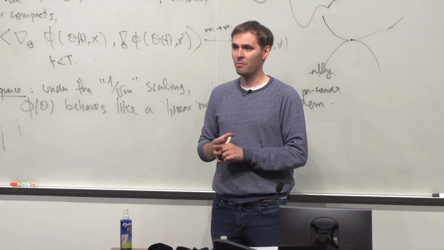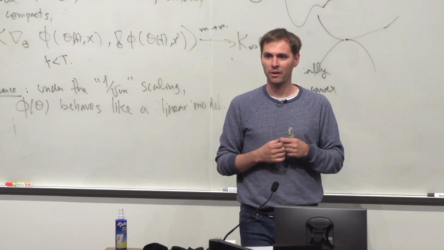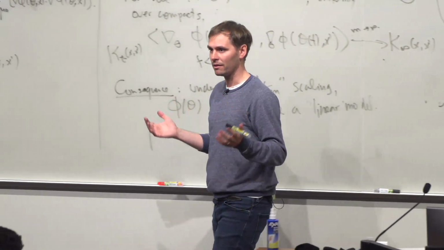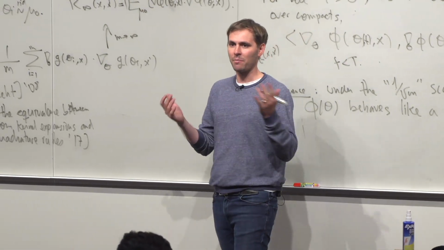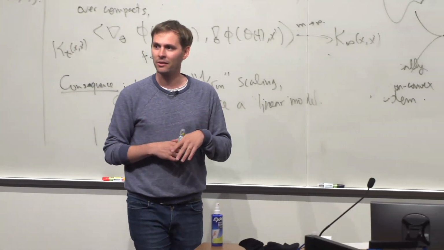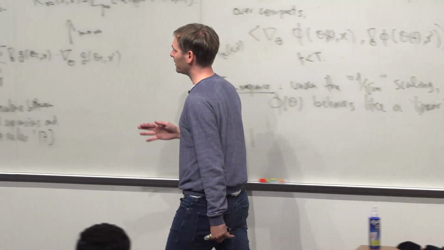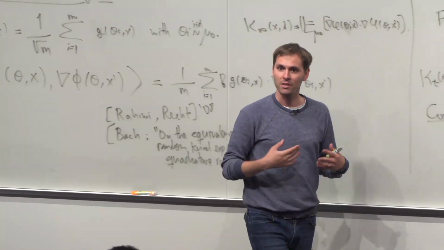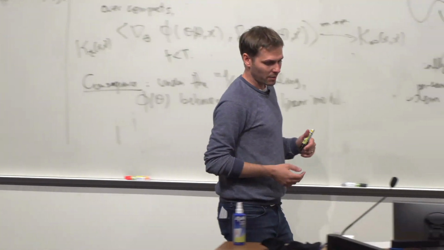And somehow, even if these individual terms are nonlinear, I'm scaling the thing in such a way that the overall model only uses the linear part of this thing. So in a sense, the nonlinear properties of the model, which can definitely be very nonlinear, are not being seen through this scale. So that's something that we'd like to understand.